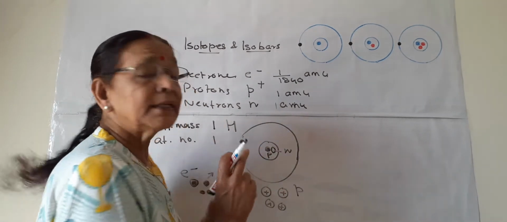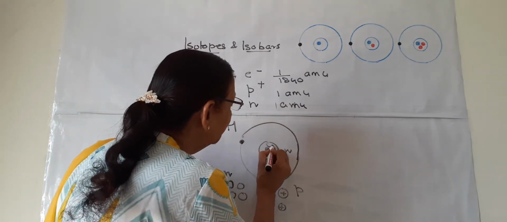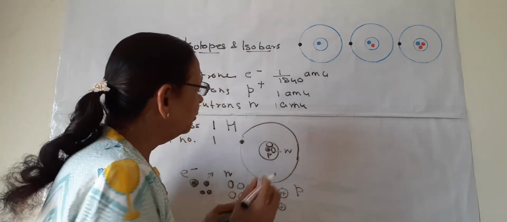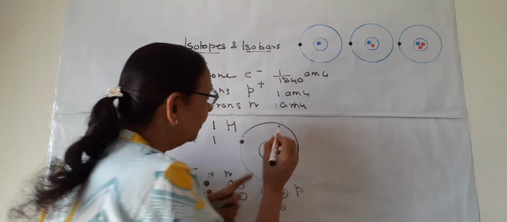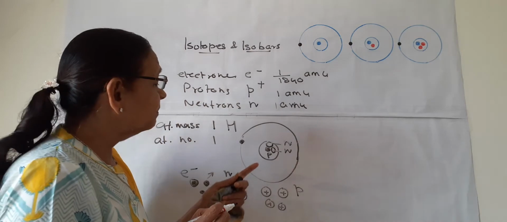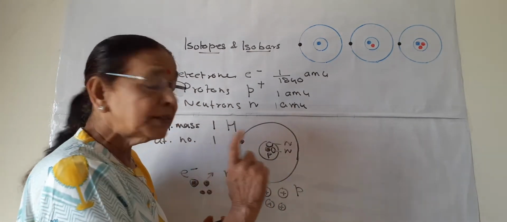Suppose I put one more neutron, two neutrons are there, still it is a hydrogen atom, but its mass is different.